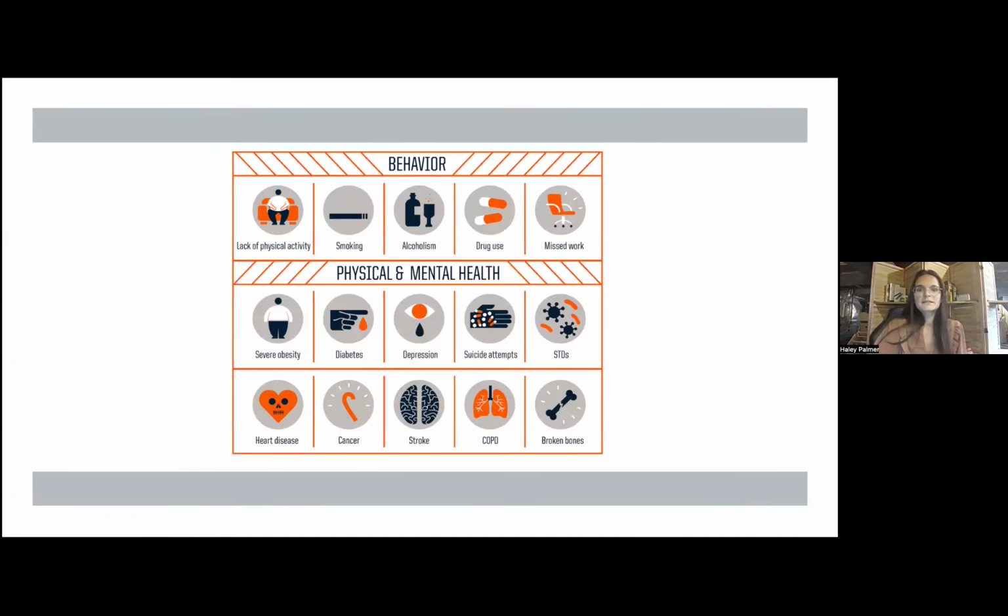And so what we see when the ACE scores are 4 plus, in the studies that I have here, we see some behavior implications such as lack of physical activity, smoking, alcoholism, and substance use, as well as missed work. But we know that physical and mental health complications, such as the ones listed here, are also correlated with a 4 plus ACE score.